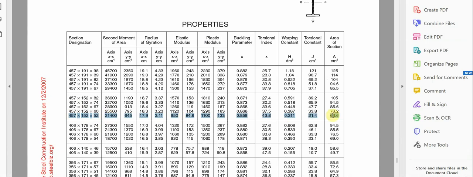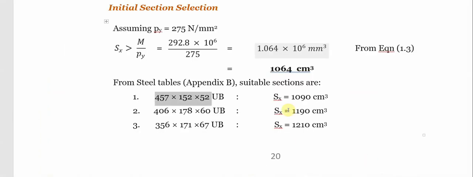So now you can see the section modulus of what we have here. The plastic modulus along the x-axis, we have 1100 here, 1290 for this one. Let me see what I have on this other side: 1090.